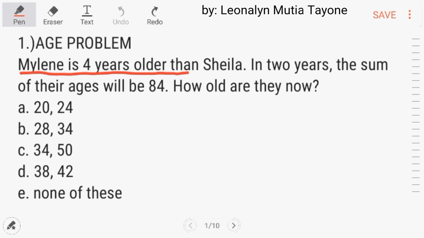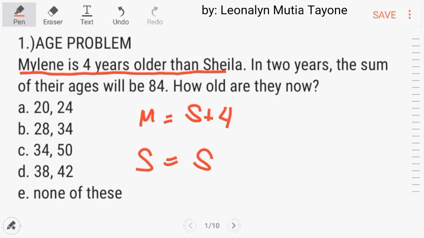Mylene is 4 years older than Sheila. So, ito si Mylene, ito si Sheila. Let S be the edad of Sheila. Si Mylene is 4 years older than Sheila. So, age ni Sheila plus 4 years. Ito yung now natin.